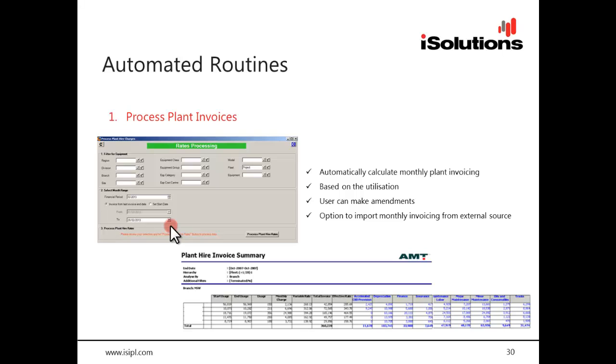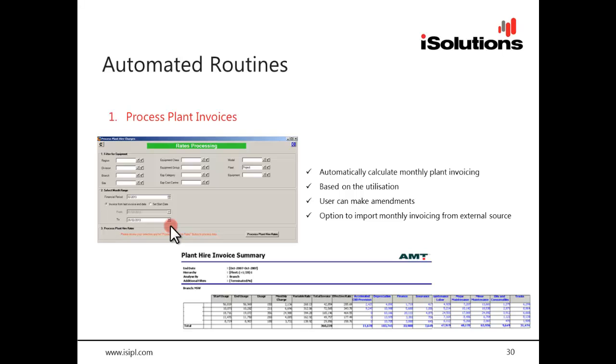So AMT will automatically look at the utilization of the asset and calculate the plant invoice and generate an invoice record within AMT. That record the administrator can open up and can edit various things, can override certain assumptions and can change it, but the initial calculation and generating of that invoice is an automated process.